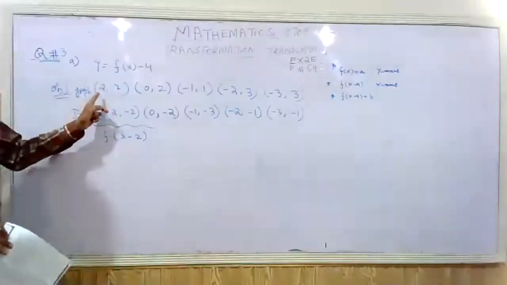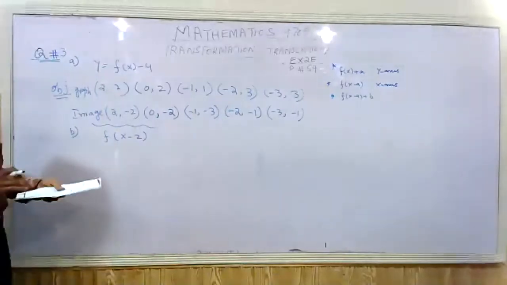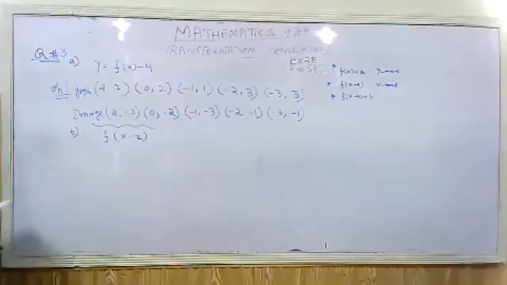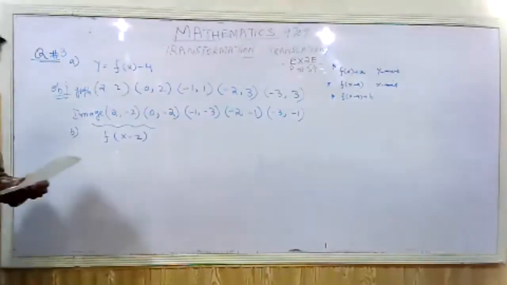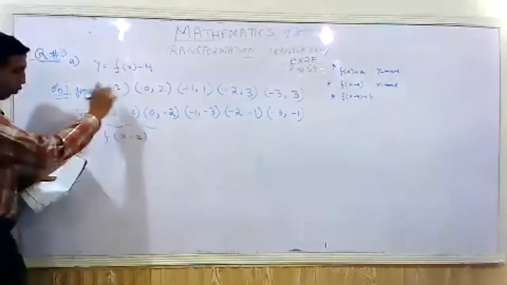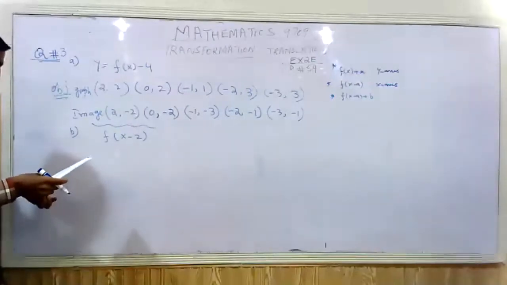Now the object is the same. I will write the image. When this law is used, how do we have to move? Minus 2 means you have to move forward 2 units. 2 units forward. When you move the first image, you will get the image.